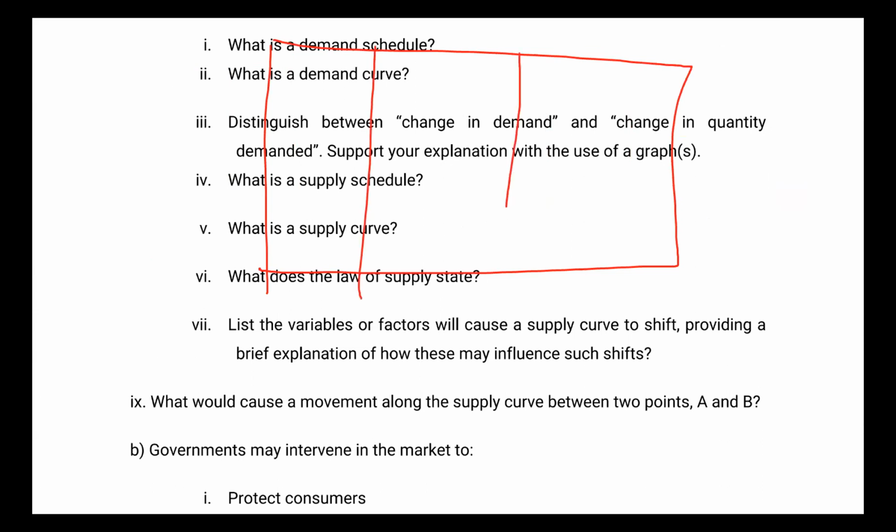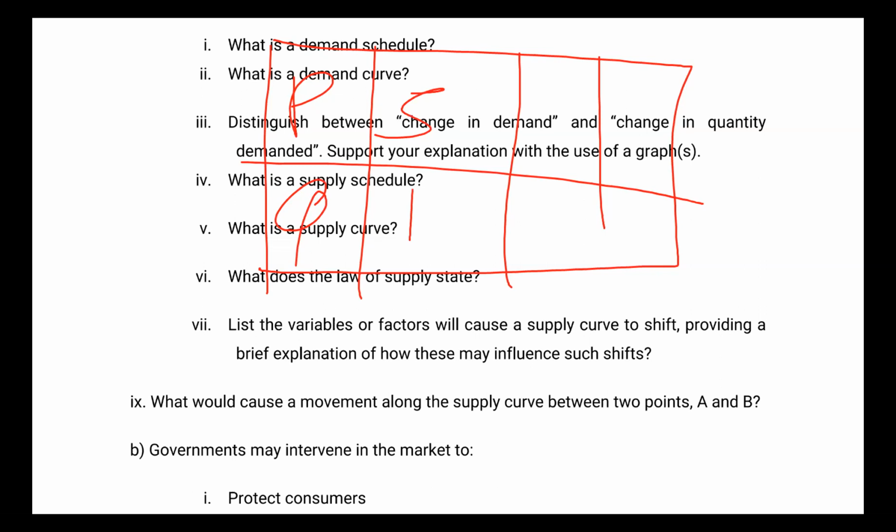For example, you have the price here, you have the quantities. Let's say it's quantities of computers. When the price is 5 in thousands, you buy, just for the sake of discussion, 10 computers.